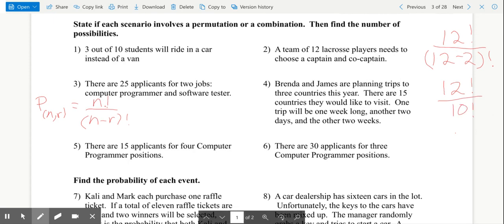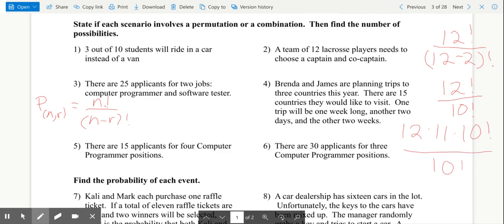Now we know, hopefully, that 12 factorial is 12 times 11 times 10 times 9 times 8 times 7 times 6 times 5 times 4 times 3 times 2 times 1. I don't want to have to do all of that. Luckily, there is a way we can simplify this. So I'm going to write this as 12 times 11 times 10 factorial. Do you agree that that makes sense?